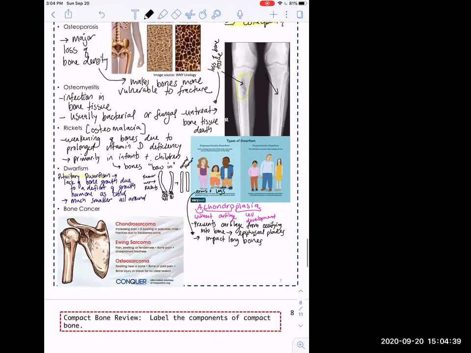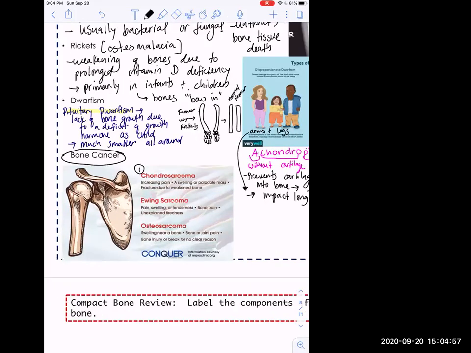The last thing I want to talk to you guys about is bone cancer. And of course, we know cancer is out of control growth of cells that can lead to disease. So I want to talk about just the 3 most common types of bone cancer really quickly here. The first type is called chondrosarcoma. Now the word chondro means cartilage.